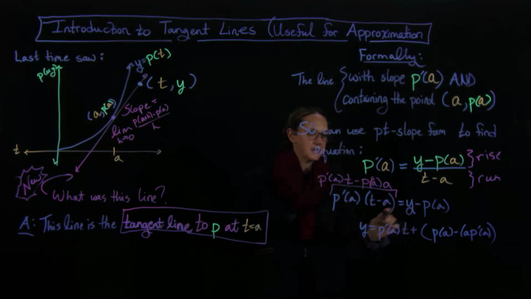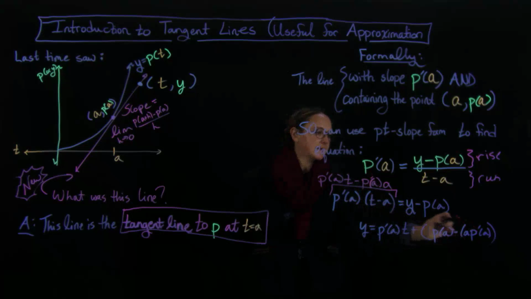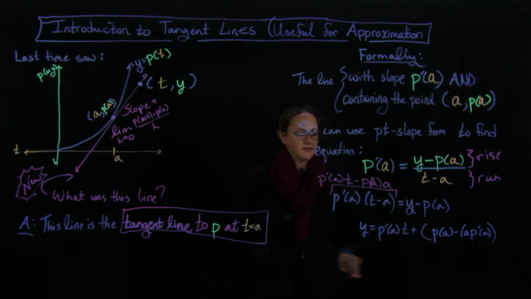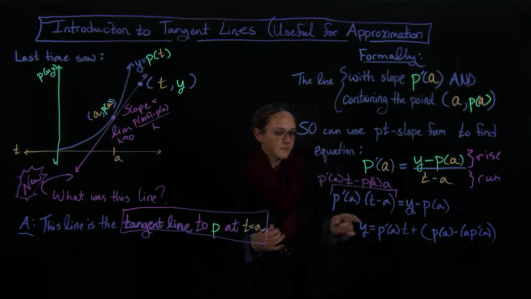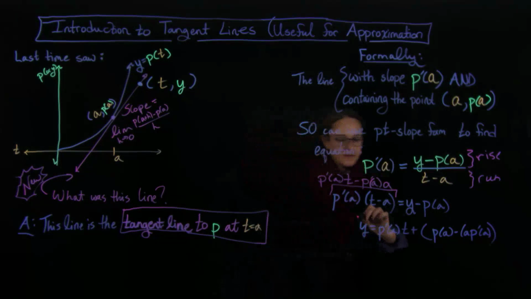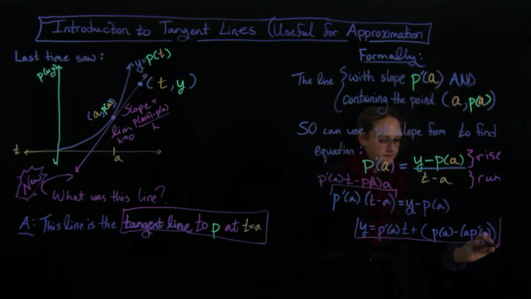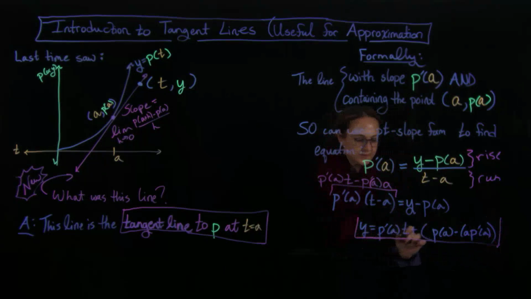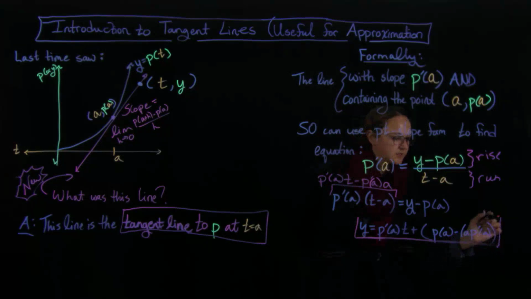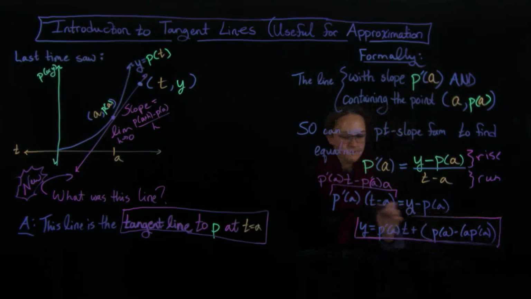So that's my p prime, right? This goes here. This ends up in here, but I had to add this to both sides, which is how we got that there. Okay? So this is actually the equation that we get for the tangent line. But sometimes, this is with a funny kind of variable situation, so let's give a more general one.